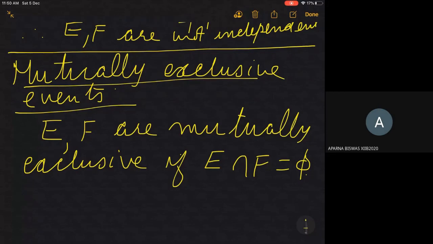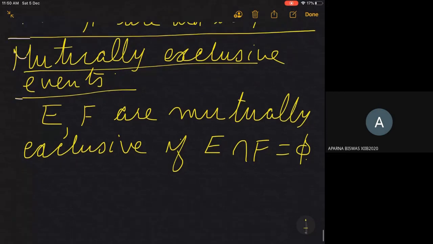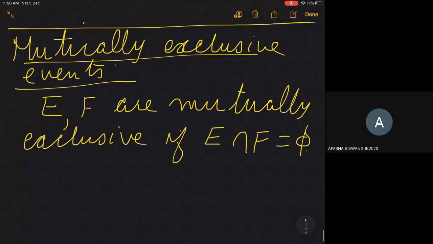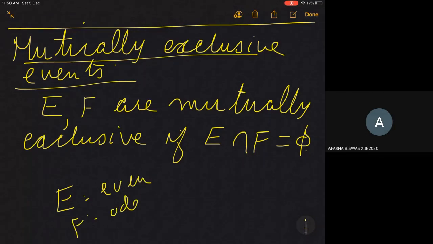In set theory, we say that E and F are disjoint sets, and in probability theory, we say they are mutually exclusive events. For example, if you are tossing a die and E is defined as getting an even number, and F is getting an odd number. When 4 comes, E has happened, it automatically excludes the happening of F, that is, getting an odd number.